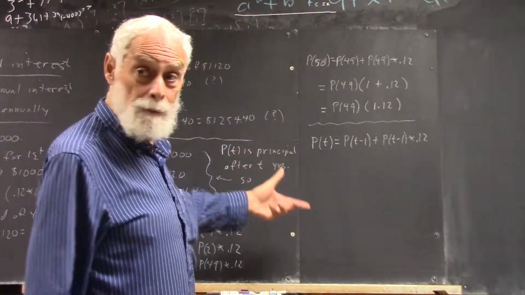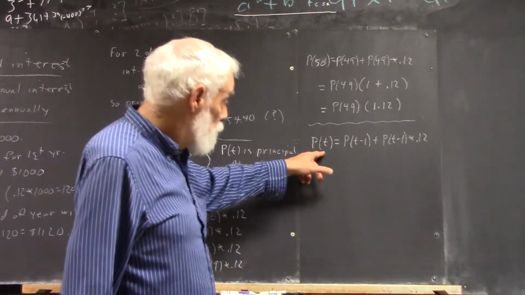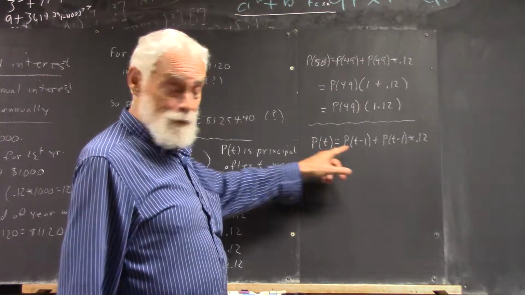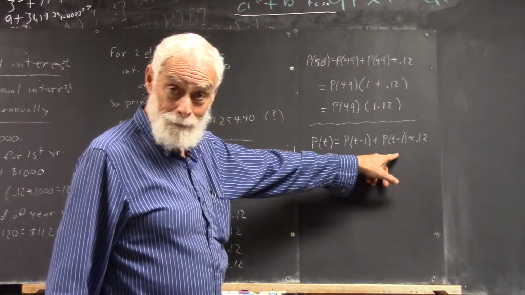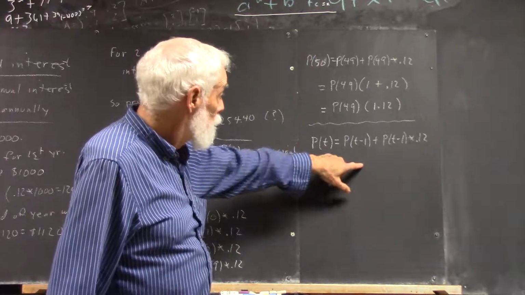So if t is 50, t minus 1 is 49, and this is the same as this.